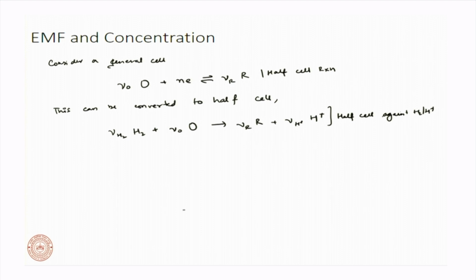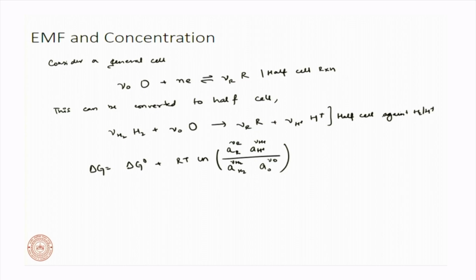Now, delta G equals delta G naught plus RT ln K, and what is K for a chemical reaction? It is a ratio of the activities: A of R to the nu R, times A of H+ to the nu H+, divided by A of hydrogen to the nu hydrogen, times A of the oxidizer to the nu O. You should know what Kp or Kc is, what equilibrium is, and concentration.